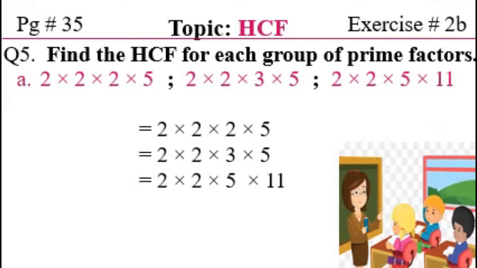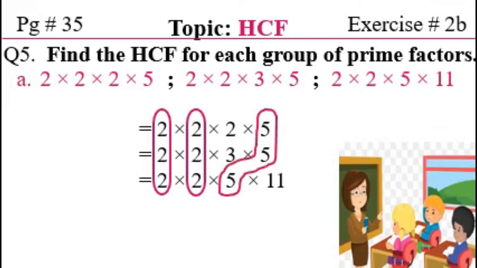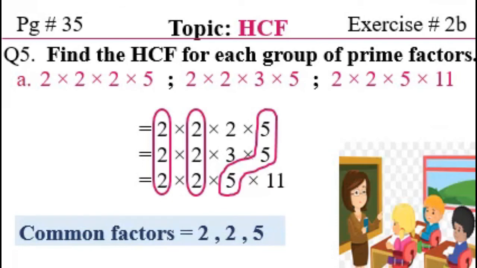Can you find some common prime factors? Yes. 2 is common among all these three sets of prime factors. Another 2 is common. Any other number which is common among these three sets? Yes, 5 is common. So the common factors are 2, 2 and 5.